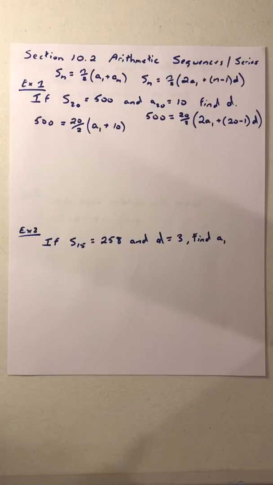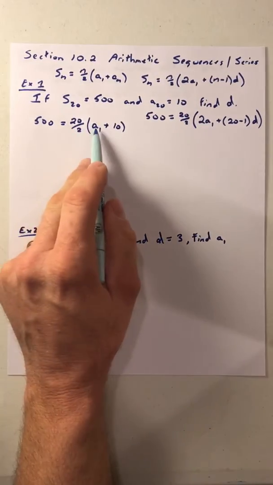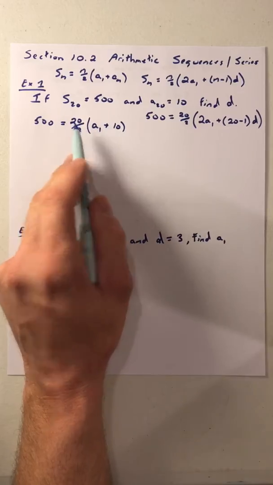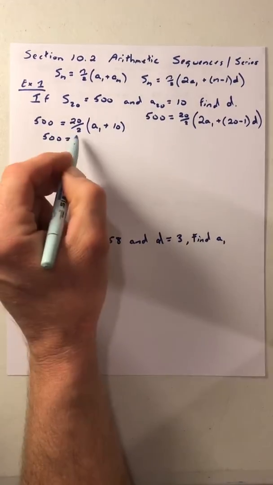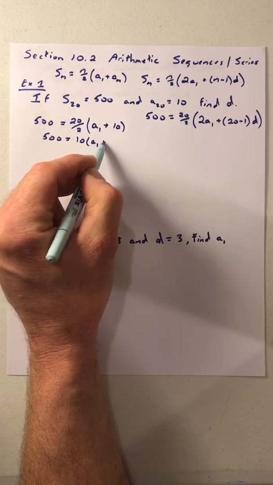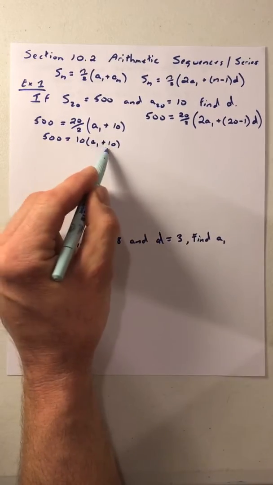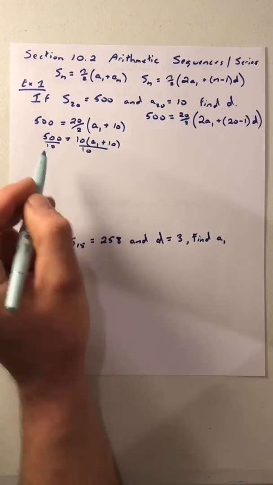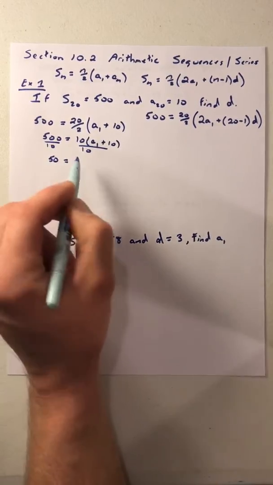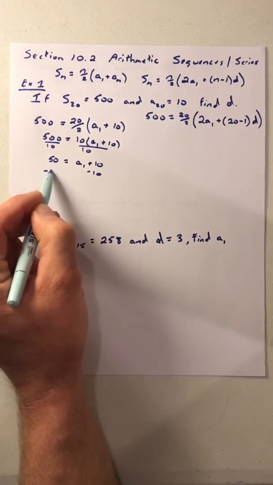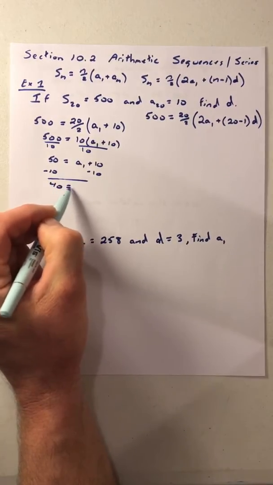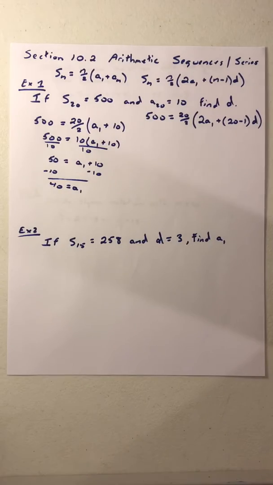Can we find a sub 1? Sure we can, because we have one variable, one equation. Solving, we have 500 equals 10 times a sub 1 plus 10. Dividing both sides by 10, we get 50 equals a sub 1 plus 10. Subtracting 10, I end up with 40 equals my first term.